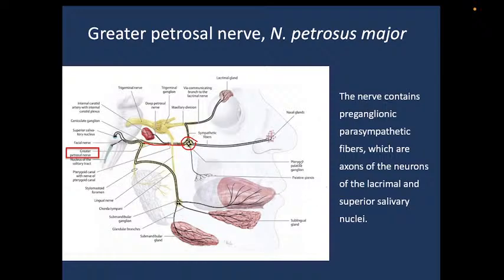Here you see the pterygopalatine ganglion, and in this ganglion the black dots are the neurons, where postganglionic parasympathetic fibers follow to the three glands: lacrimal glands, the small nasal glands secreting the mucosal fluid on the surface of the mucosa of the nasal cavity, and the palatine glands in the oral cavity.